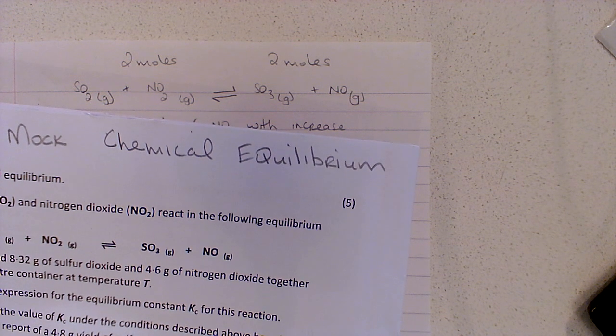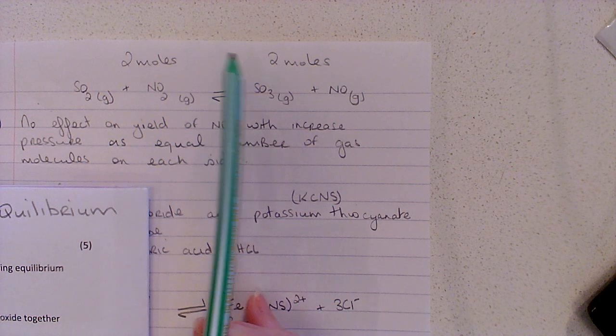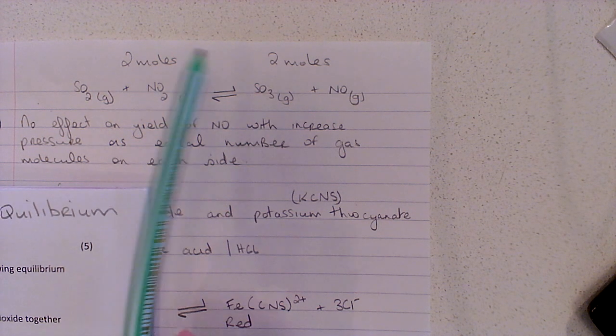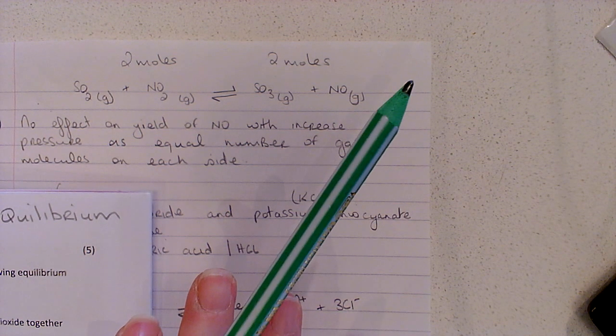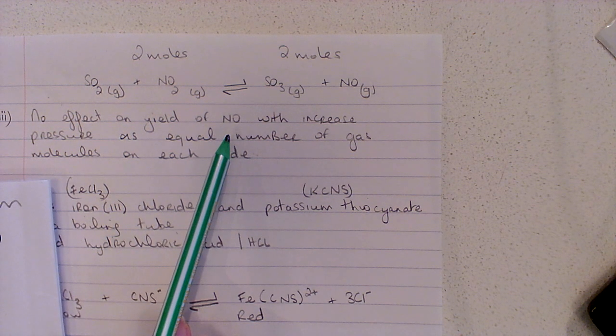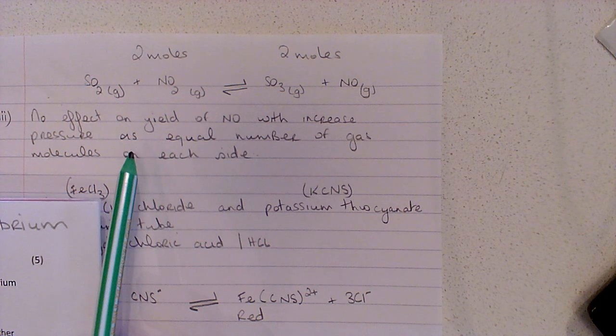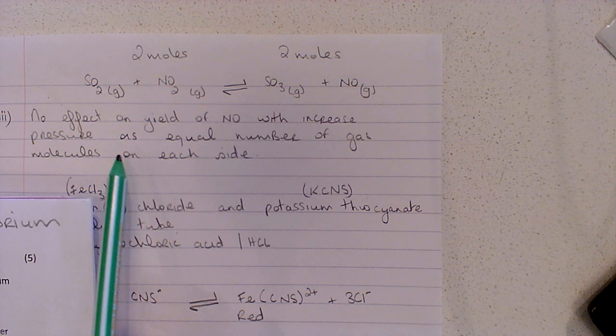But in this particular question, because we have the same number of molecules on either side, shifting to the left or shifting to the right is not going to alleviate the pressure. So there's no effect on the yield of nitrogen oxide with an increase in pressure, because we have an equal number of gas molecules on each side.